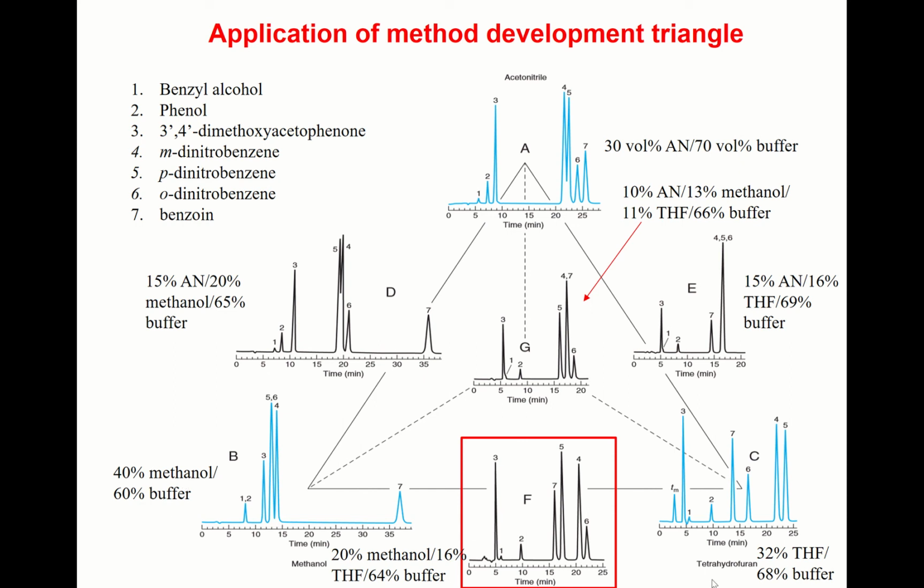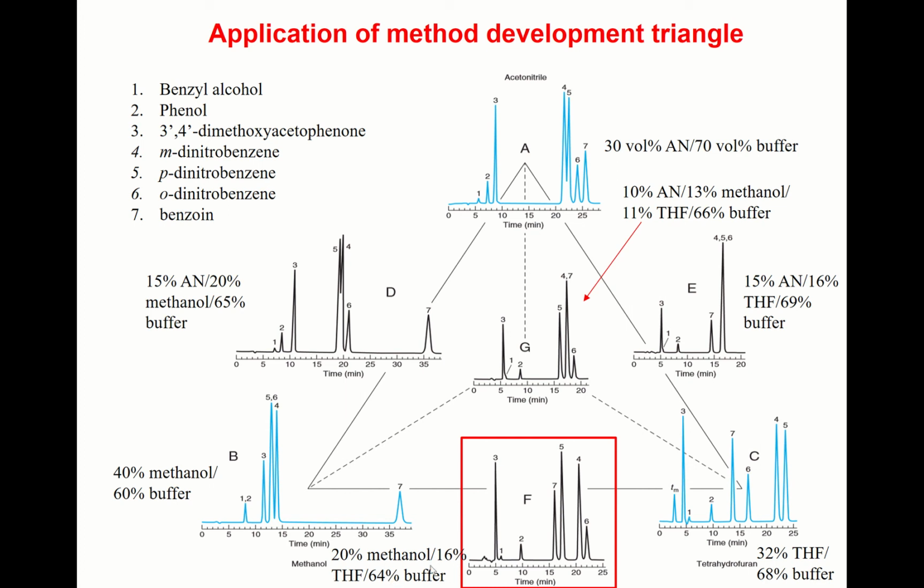All right, and then we get this one. Oh, we missed E. The F chromatogram, right? With 20% methanol and 16% THF and 64% buffer.